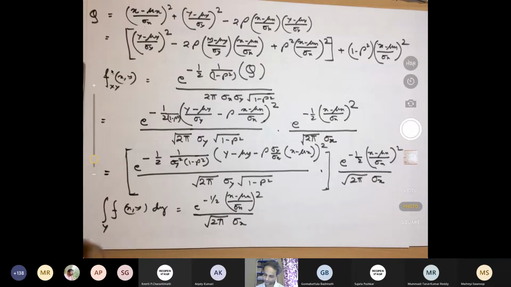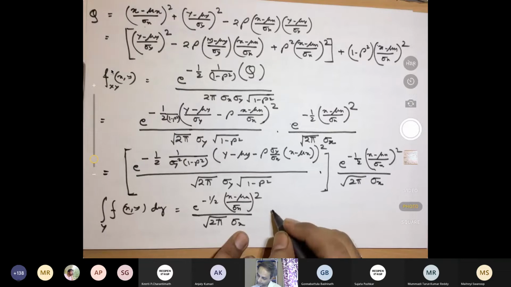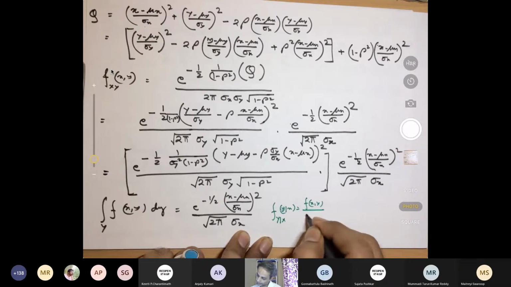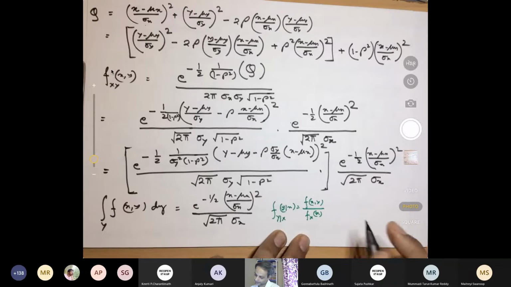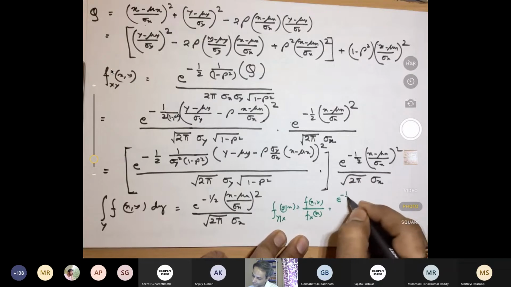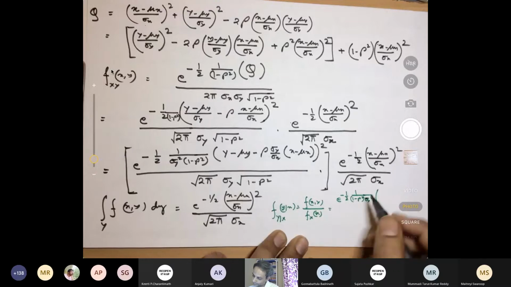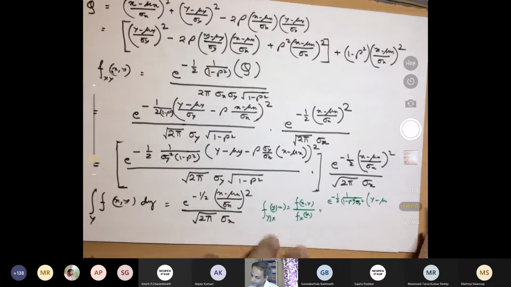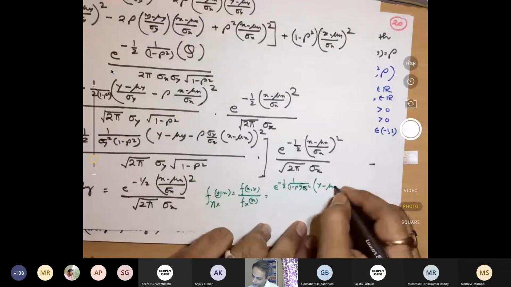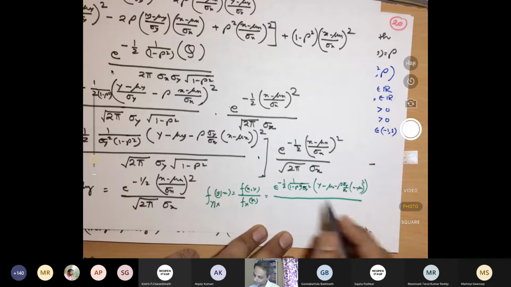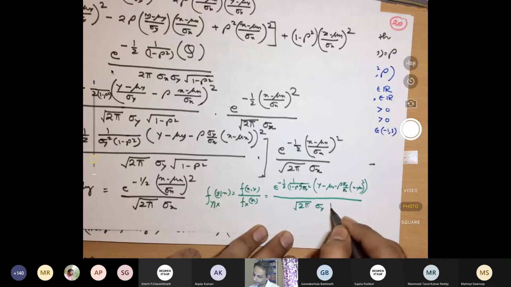So as a consequence, what you will finally observe is that f of y given x, that is f x y by f x, this quantity is e to the power minus half 1 minus rho square sigma y square into this y minus mu y minus rho sigma y by sigma x, x minus mu x square, whole divided by root 2 pi sigma y square root of 1 minus rho square.